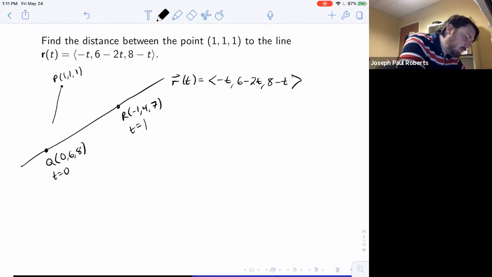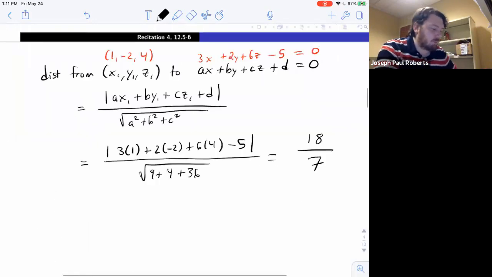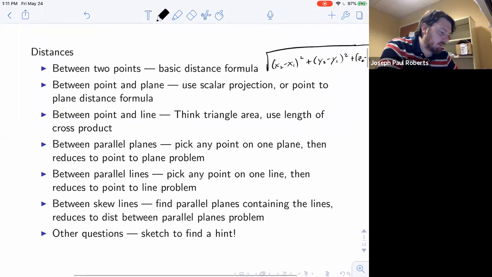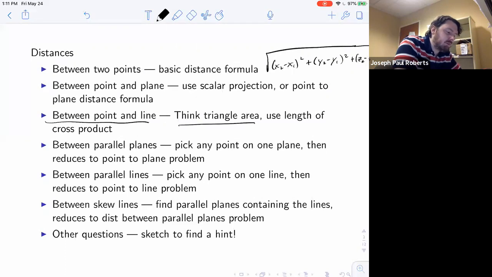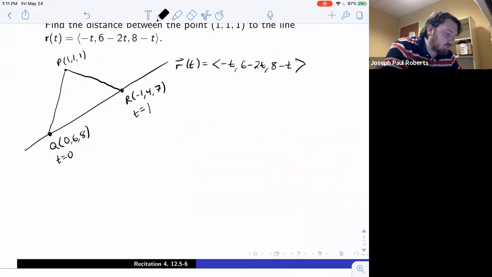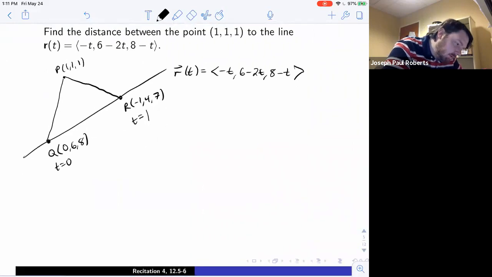And so I guess I now want to imagine a triangle. So that's what the hint I gave up here in our little summary was, that distance between point and line, think triangle area. So what is the triangle area gonna be? Well, so the area of PQR is, well, maybe I'll write it over here.